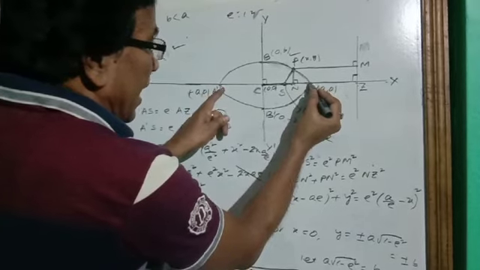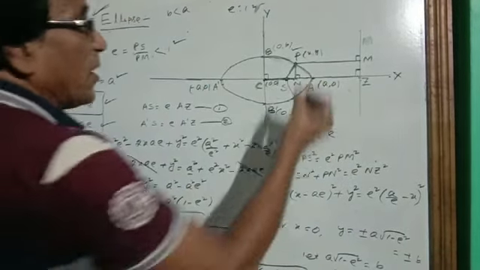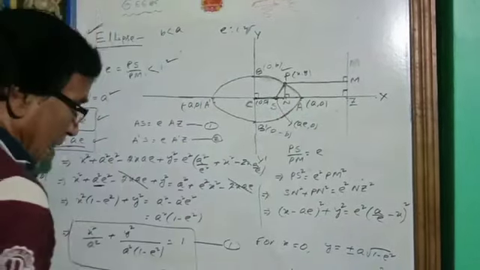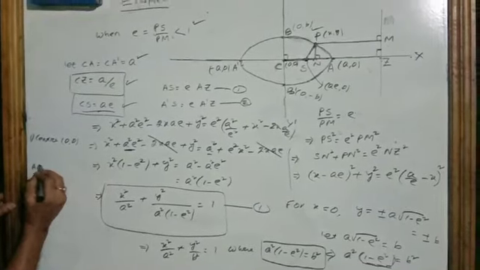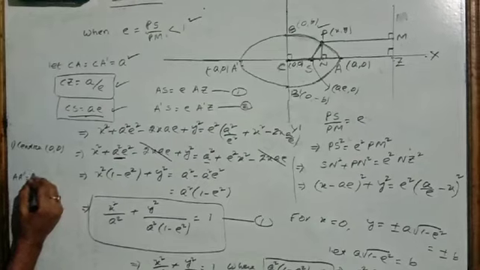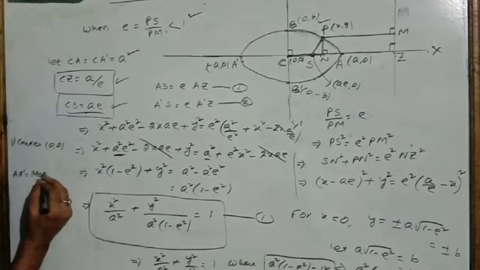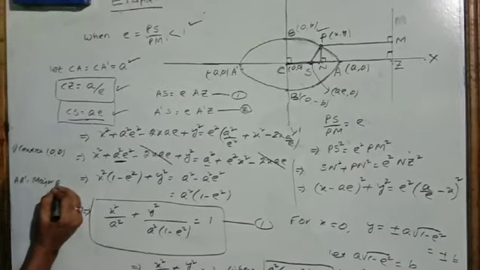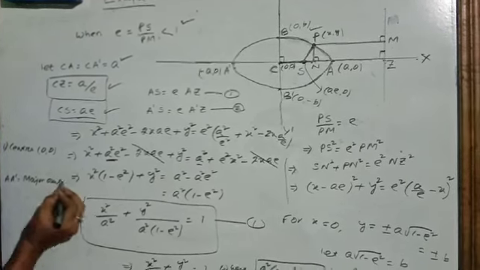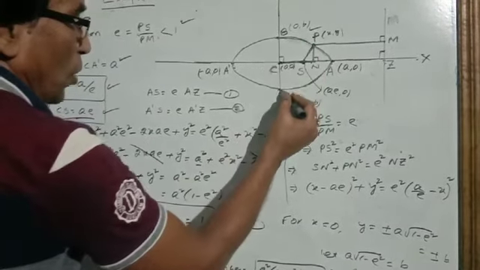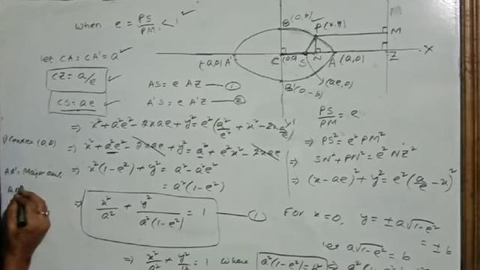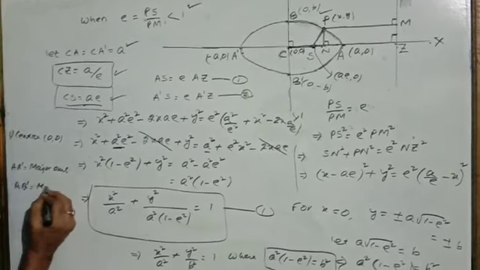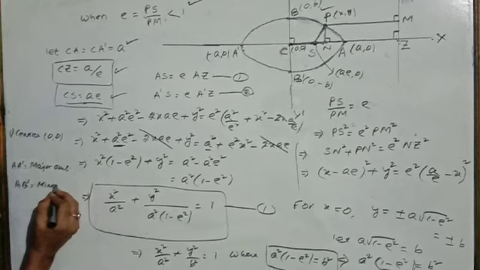For that, A A dash is called the major axis, and B B dash is called the minor axis.